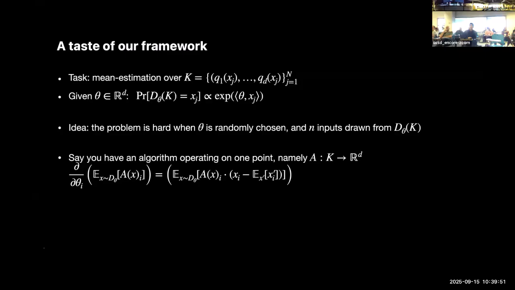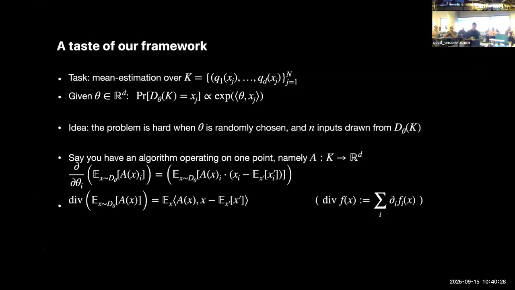What you get is exactly the expectation of the inner product between the output and x sub i minus its expectation. This is just due to the fact that if you have an exponential function e to the f and you take the derivative, you get f prime times e to the f. So e to the f is preserved, which means you can still draw x from the same distribution, and you get an f prime term, which squeezes out the desired x_i minus expectation.